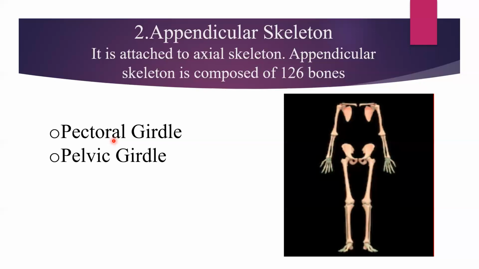Pectoral girdle, also called shoulder girdle, is made up of 4 bones.